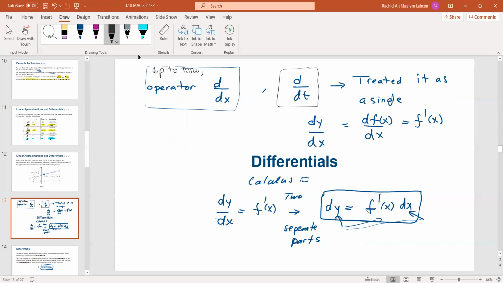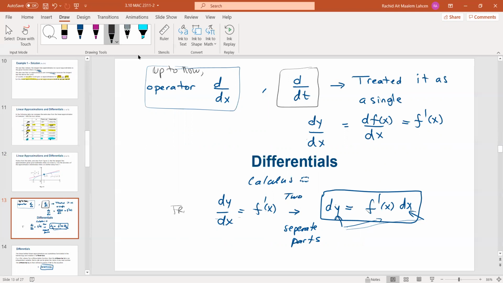But now we'll see that as we move with this thing, we become interested in some other parts. The one part we will be interested in, and it's going to be useful in the future, is to look at them separately. So if you have dy dx equal f prime, we look at it as a fraction.